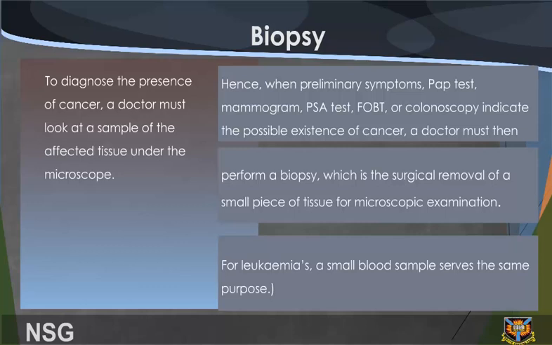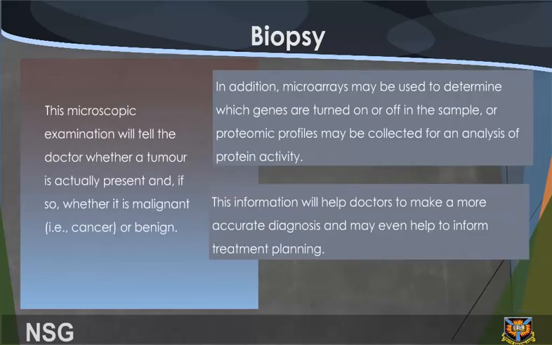For leukemias, a small blood sample serves the same purpose. The microscopic examination will tell the doctor whether a tumor is actually present and, if so, whether it is malignant, that is, cancer, or benign.